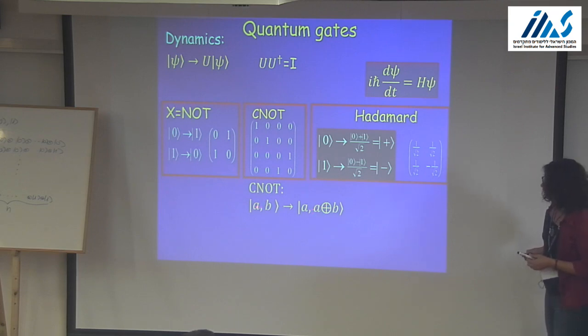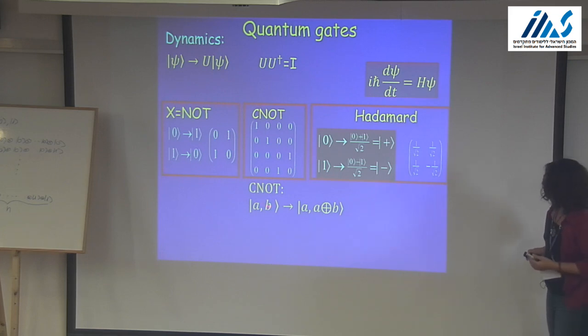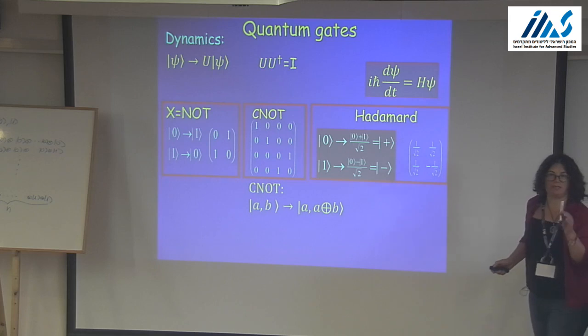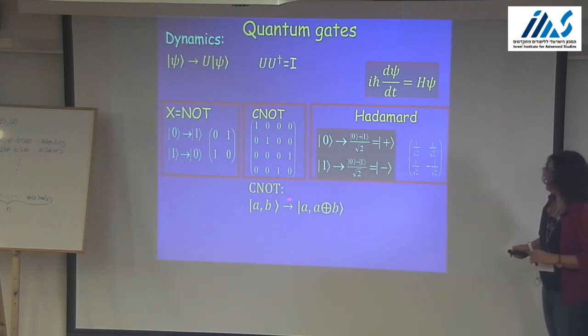If A is 0, then B is XORed with 0, it just remains B. But if A is 1, the right coordinate is XORed with 1, so B goes to not B. So if A is 0, nothing happens to B. If A is 1, then B is flipped. That's why it's called the controlled NOT. It seems not to do anything to A, just to B.